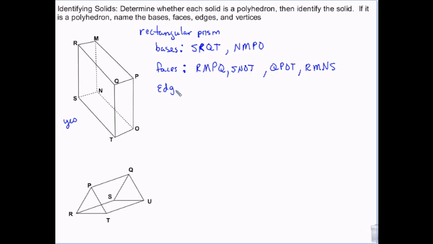My edges are actual sides and they're segments, so I have to name them as segments. So for example, I'm naming this one RM, so I have to put a line over it because it's a segment.